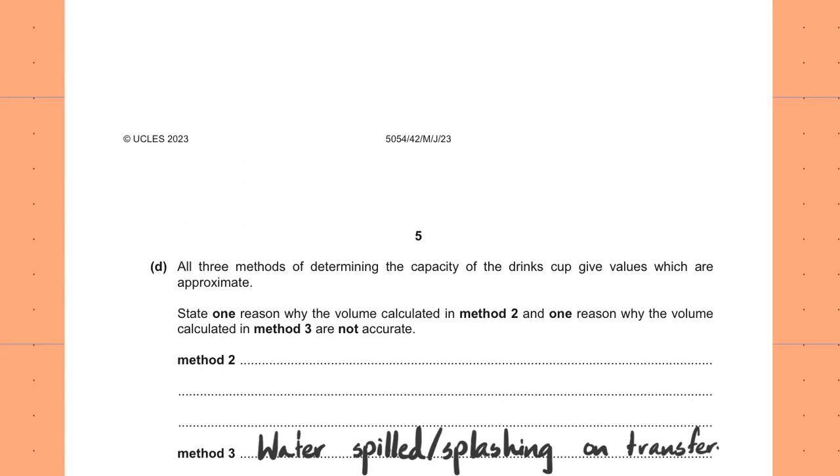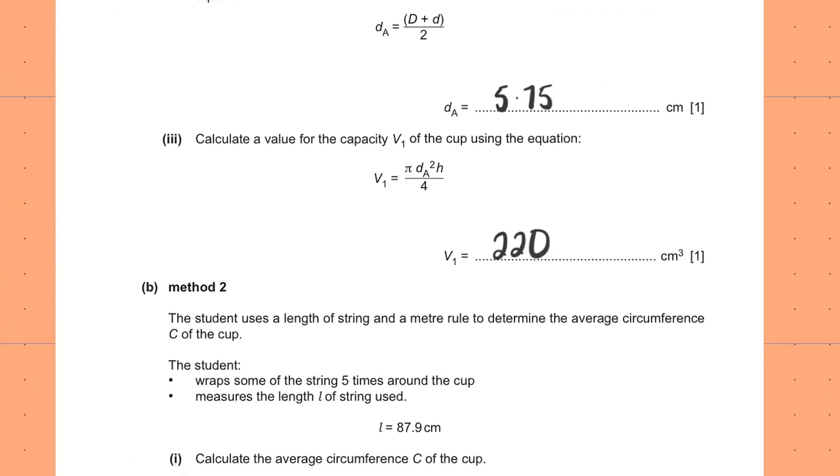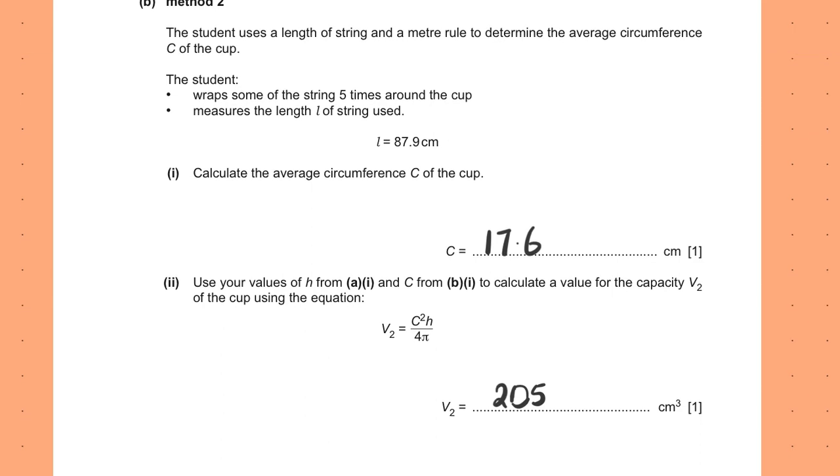And what was method 2? Method 2 was the string, right? So when you wrap the string around and then you measure the circumference. So it may also be the case that if you're wrapping string around a container that's like this. Now ideally you know that how you should wrap around is all of these loops must be closely positioned to one another.